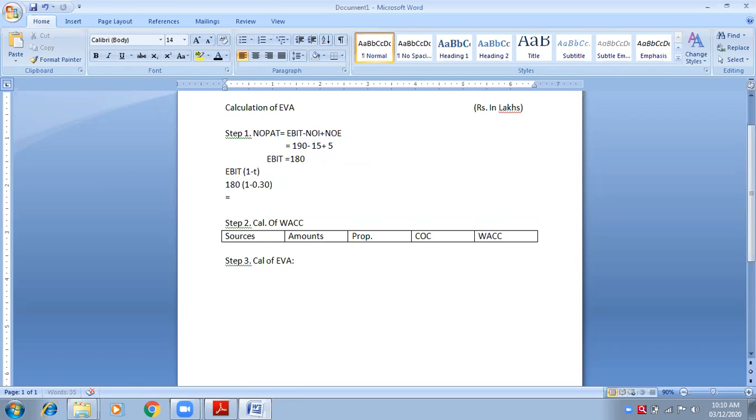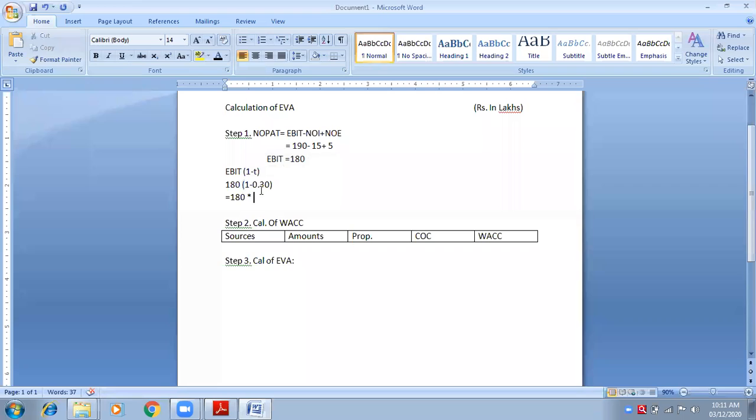It is 180. Solve the bracket. Outside the bracket, there is no sign given, therefore it is multiplication. This is a basic maths rule. If there is no sign outside the bracket, it means multiplication. Inside the bracket, it is 1 minus 0.30.